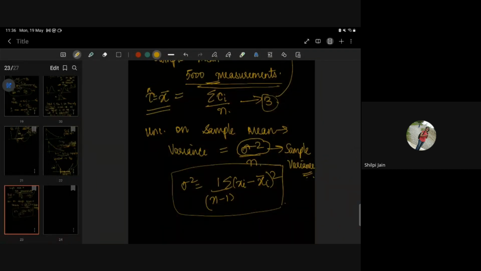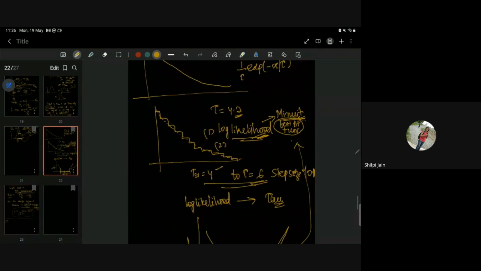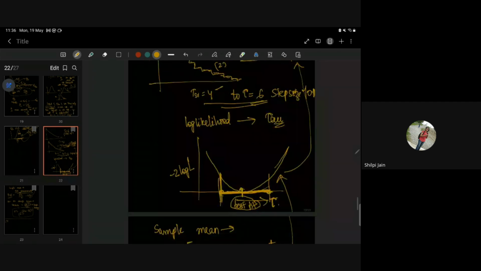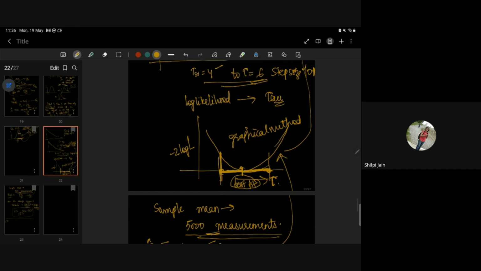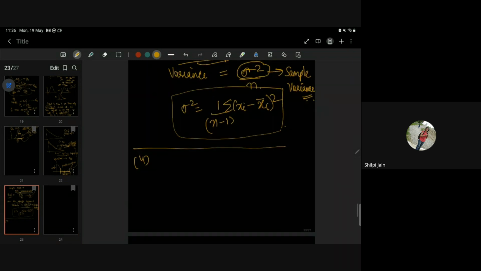There is one more thing that you can do to quote the uncertainty, and that is the fourth way of quoting uncertainty. First way was from Minuit. Second way was the graphical method, which always works. Third way is quoting this uncertainty on sample mean. And the fourth way is Monte Carlo trials.